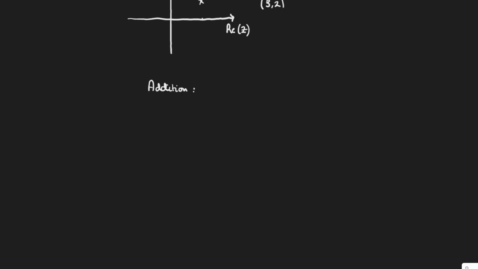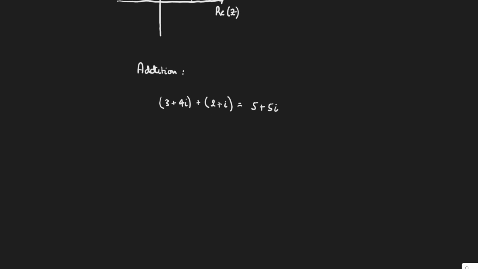It's good to just start with an example here. We have the two complex numbers 3 add 4i and 2 add i. What we actually do here is add the real parts together and the imaginary parts together. So we're left with 5 add 5i, and that's our new complex number that we form by adding those two together.